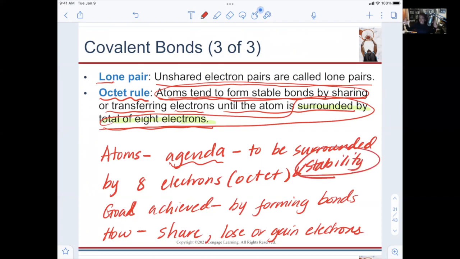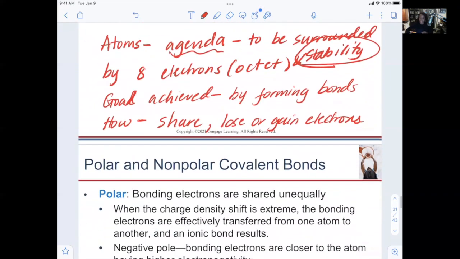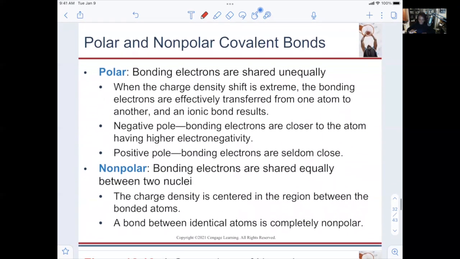You know when you've made it in life? When the elements have reached stability, that is symbolized by being surrounded by 8 electrons. So when they're striving to form bonds with other elements, they're really trying to reach that status of stability, that status symbol, stability, octet, 8 electrons.